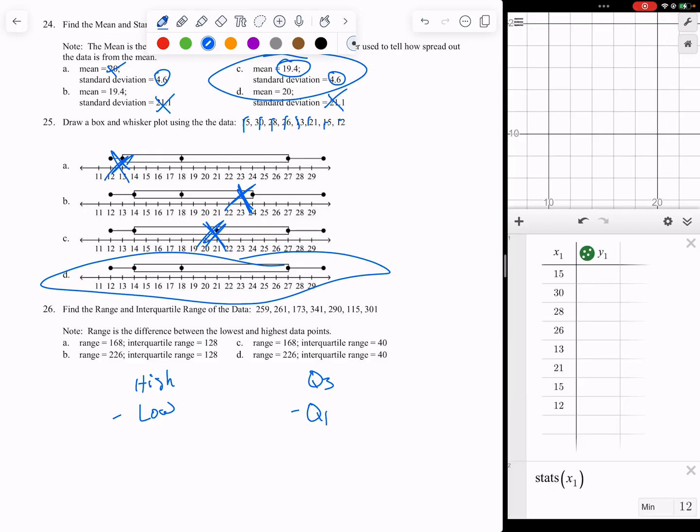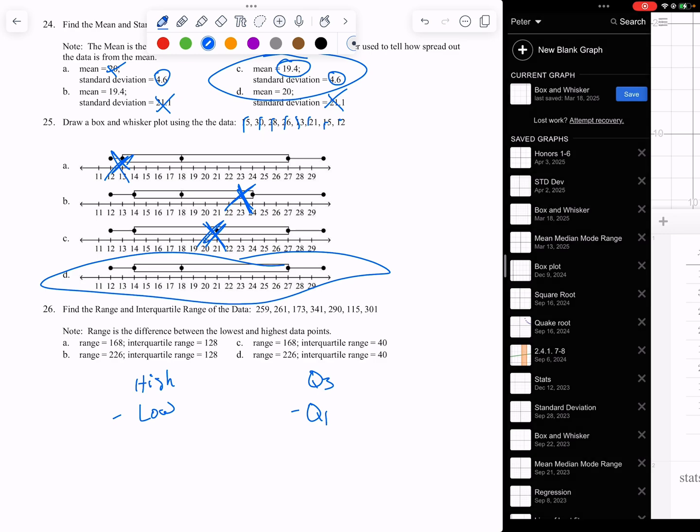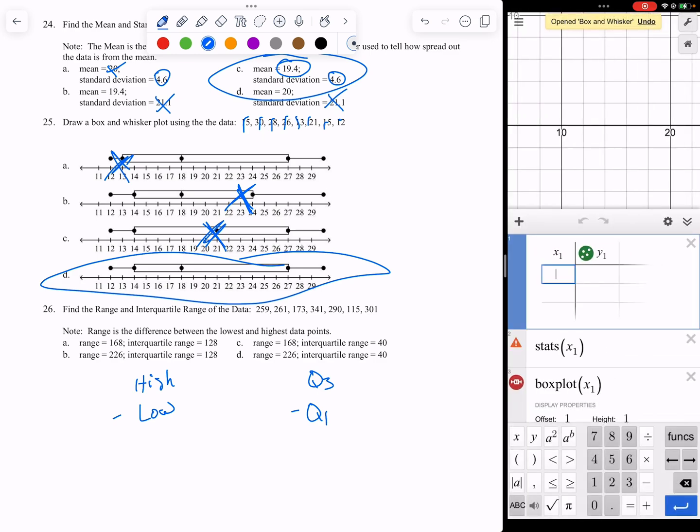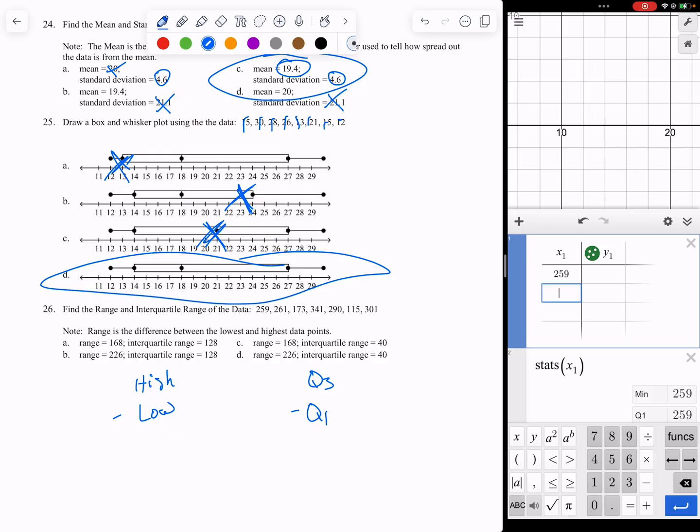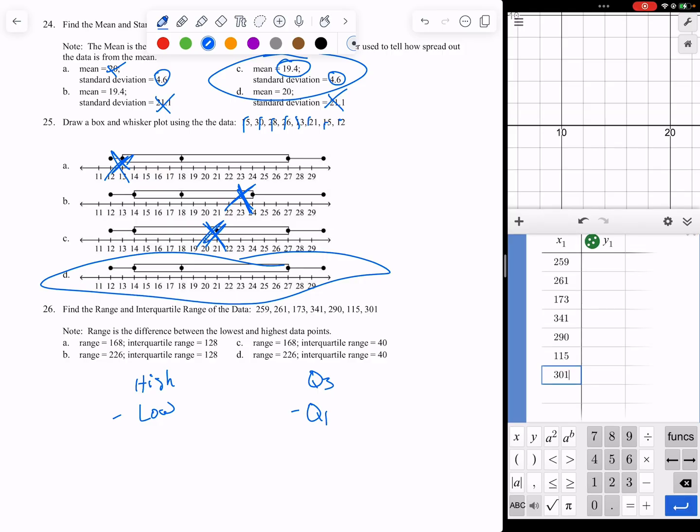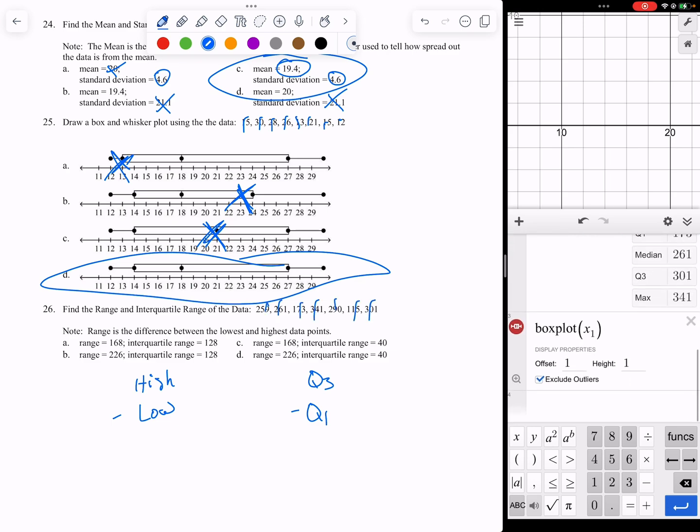I'm going to use the box and whisker again because I don't care about the graph, but this will give me those numbers. 259, 261, 173, 341, 290, 115, 301. 1, 2, 3, 4, 5, 6, 7.